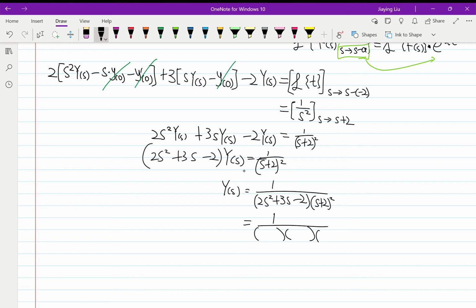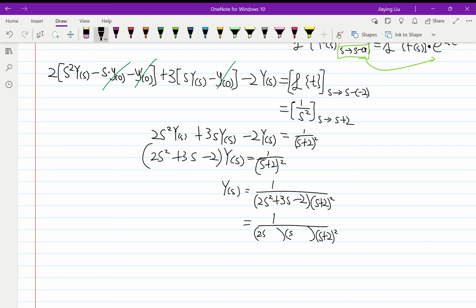It turns out that the first parentheses in the denominator can be factored nicely. We have 2s squared plus 3s minus 2, so if we want to factor that, it becomes 2s and s. That will give us 2s squared. We also need two numbers multiplied to give us negative 2, so 1 and negative 2, or negative 1 and 2.